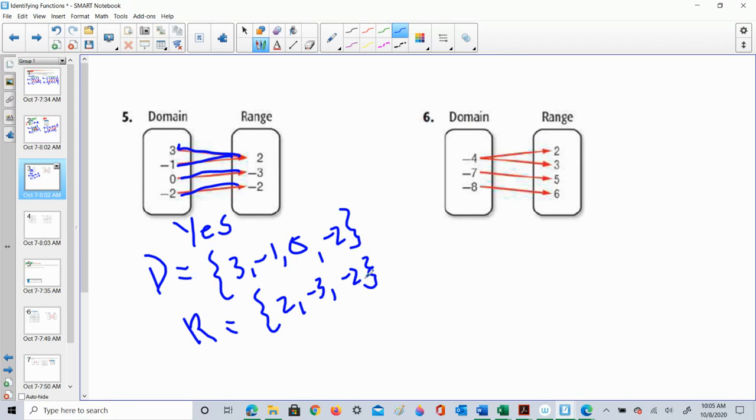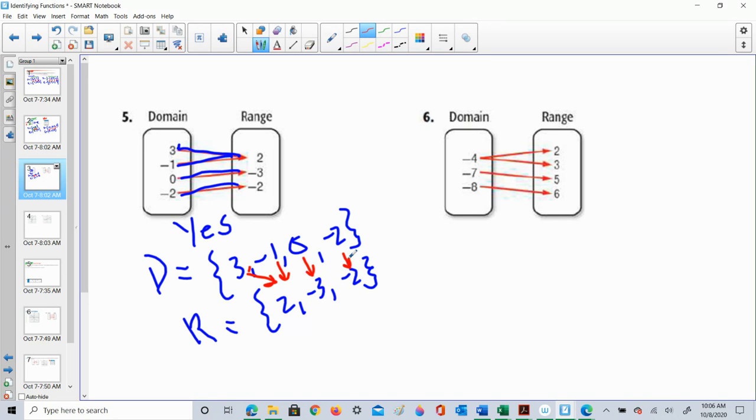All right, so we're good. Correct? Because 3 goes where? 3 goes to 2. Negative 1 goes to 2, but that's allowed. 2 things here can go to 1 thing here. 0 goes to negative 3, and negative 2 to negative 2. Great.